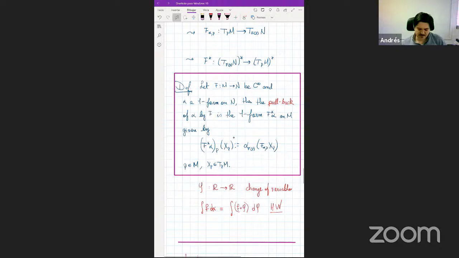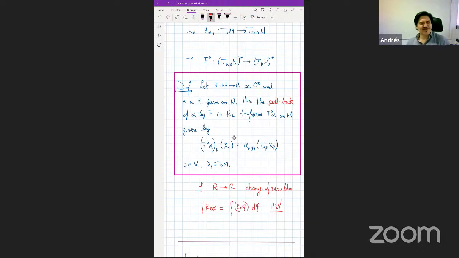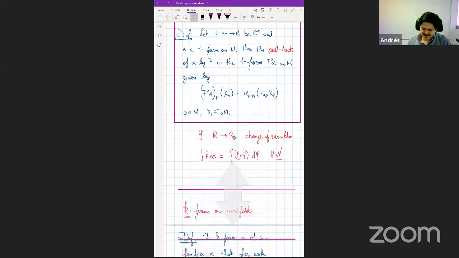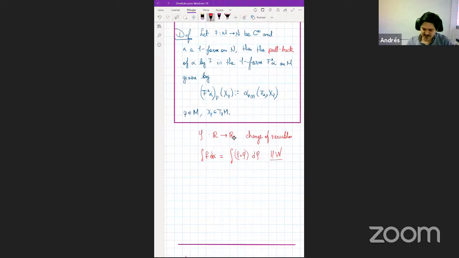And what you are doing so far is to pull back the one form. We don't say it like that, not in that language, but you're pulling back one form into the other. So go into your books and try to find this.